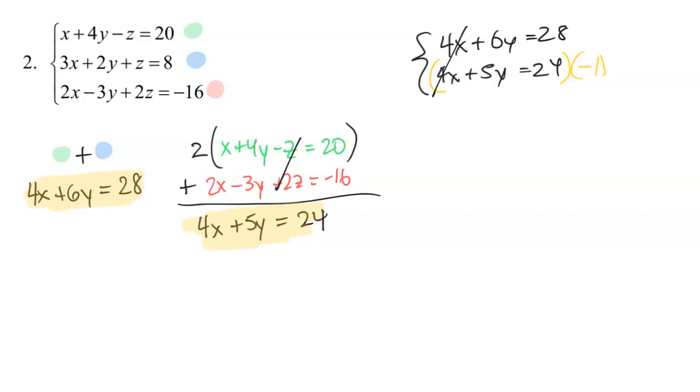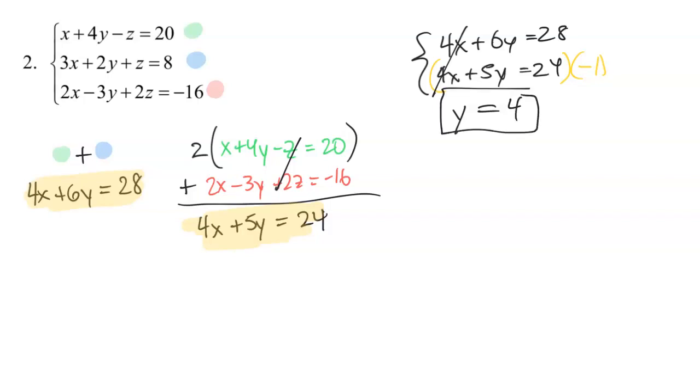Then I'm going to have 6y minus 5y, and 6y minus 5y is going to give me 1y, is equal to 28 plus 24 times -1. 24 times -1 is -24, plus 28 is going to give me y is equal to positive 4.